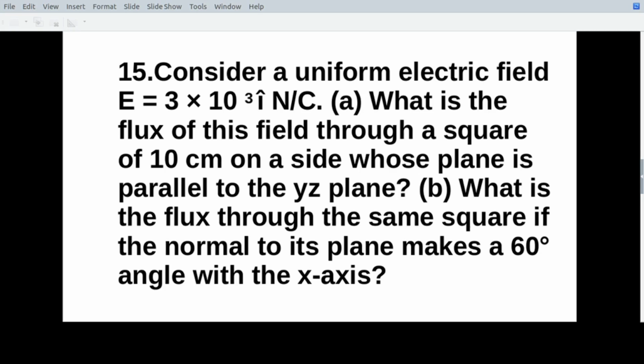X-axis, that is the direction of electric field, YZ plane. See, x-axis is normal to YZ plane, right? You are familiar with the Cartesian coordinate system, x, y, z. X-axis is normal to YZ plane. Then what about the flux? You get maximum flux, right? Come to the solution.